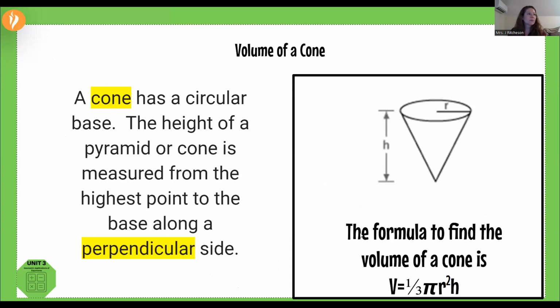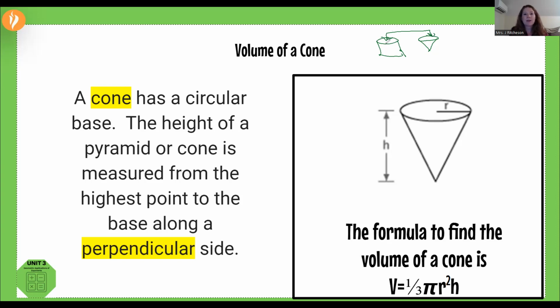I hope you did. All right, so if we had a cylinder, which is what we were just talking about, and next to it we had a cone that had the same height and the same diameter, if you filled up 3 cones, you could pour 3 full cones into a cylinder.